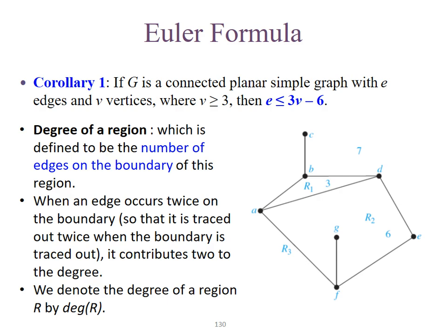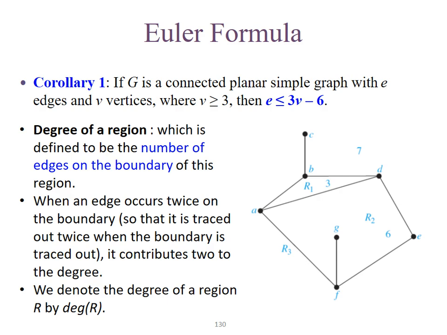For example, we can count 1, 2, 3, 4, 5, 6. Okay, so the degree of region R2 is 6. And then when you travel along the boundary of R3, maybe it's 1, 2, 3, 4, 5, 6, 7. Okay, so the degree of region R3 is 7. So that's the definition of the degree of a region.